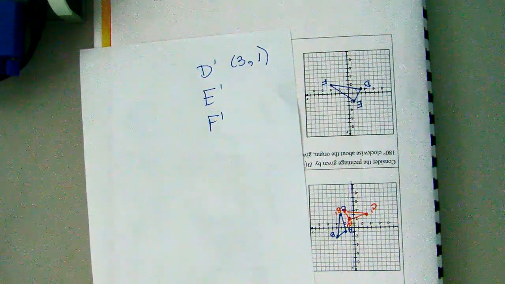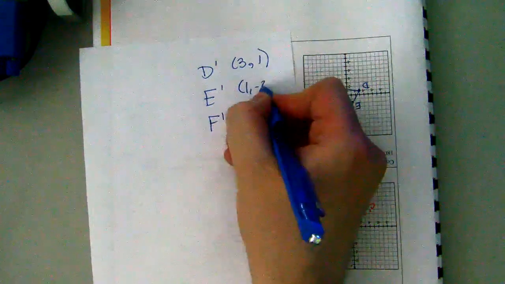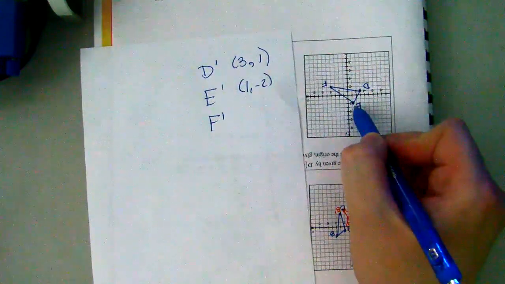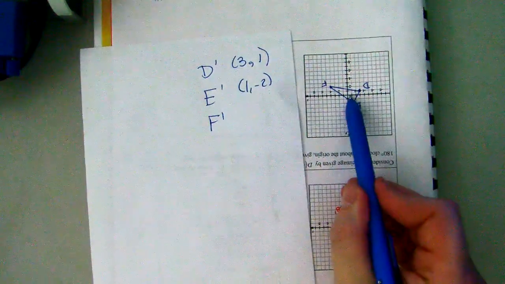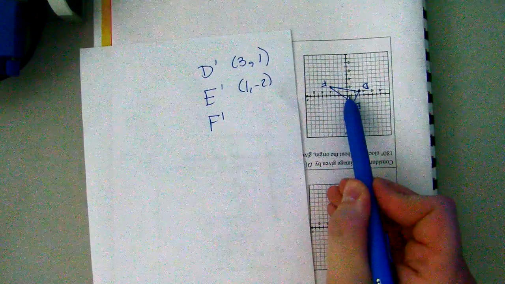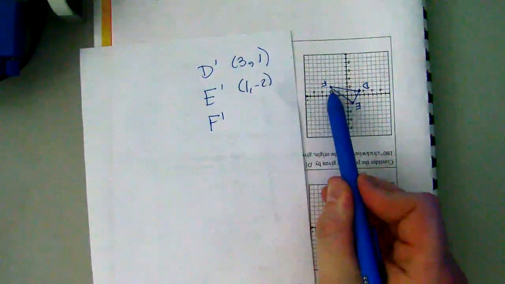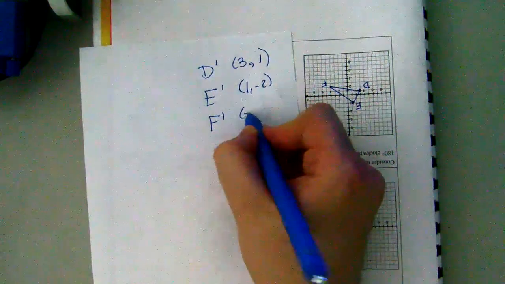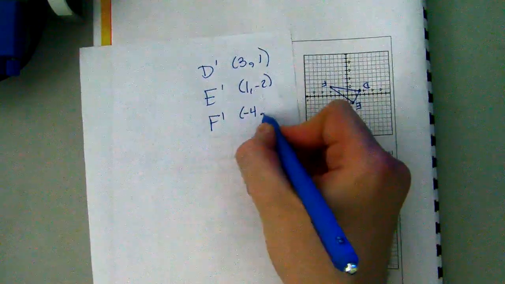Yeah. It's 1, negative 2. I like that. Anna Julia, do you have F prime? Should we do this together? I think that means I'm going left 4 and up 2. I think that would be the coordinate negative 4, so you go left 4, comma positive 2.